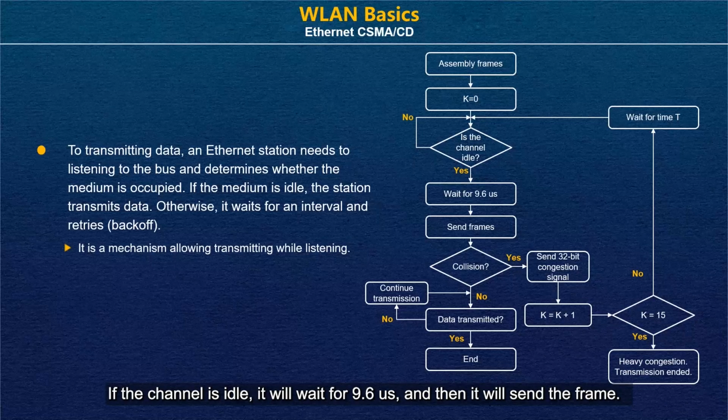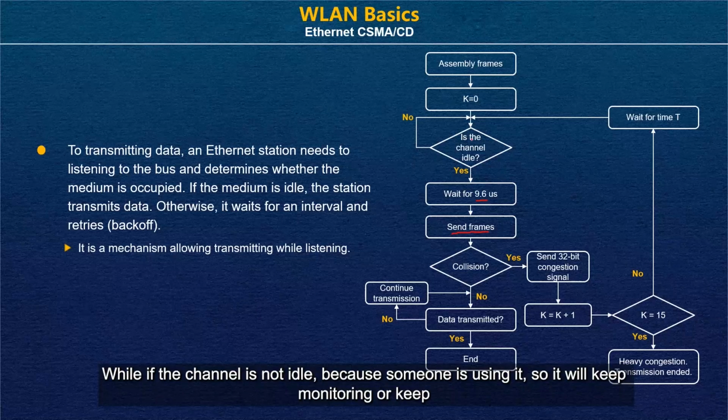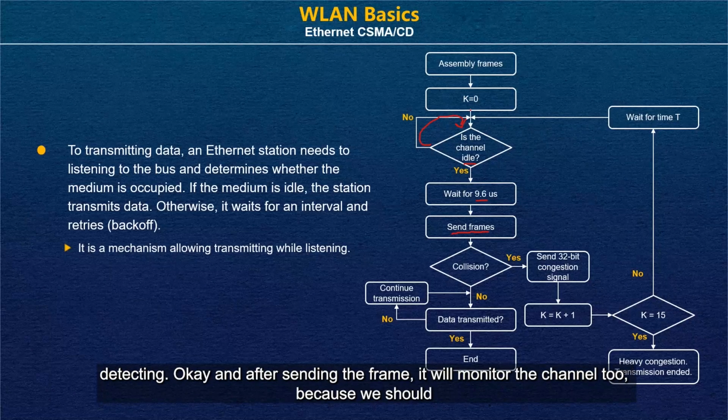If the channel is idle, it will wait for 9.6 microseconds, and then it will send the frame. While if the channel is not idle, because someone is using it, it will keep monitoring.